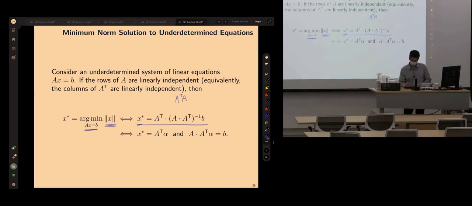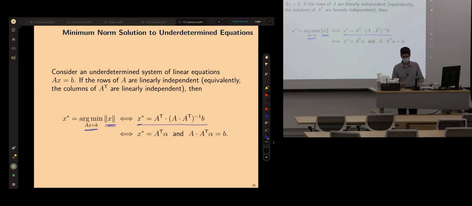Previously, we had A transpose A inverse times A transpose B. Now we have A transpose times A A transpose inverse. So this is not the same problem, right?